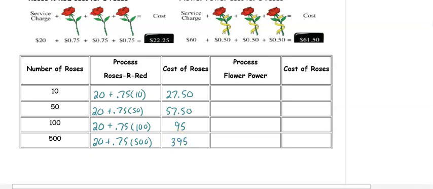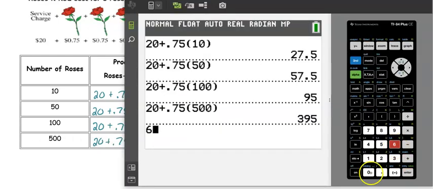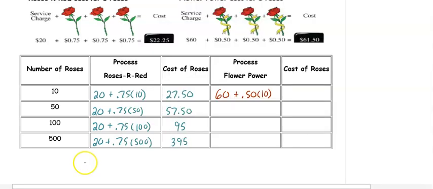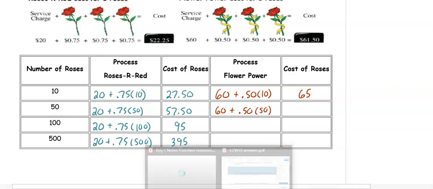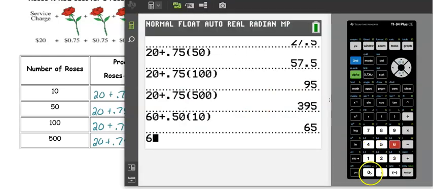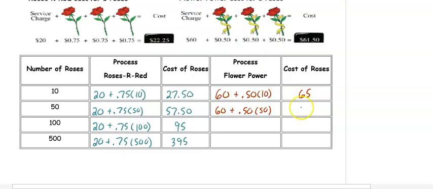And that would get us $395. Now, if we look at the other company, Flower Power is going to charge a service charge of $60 plus 50 cents per rose. So if we're getting 10 roses, it's $60 plus 0.50 times 10. That would get us $65. If we do $60 plus 50 cents times 50 roses, that would get us $85.